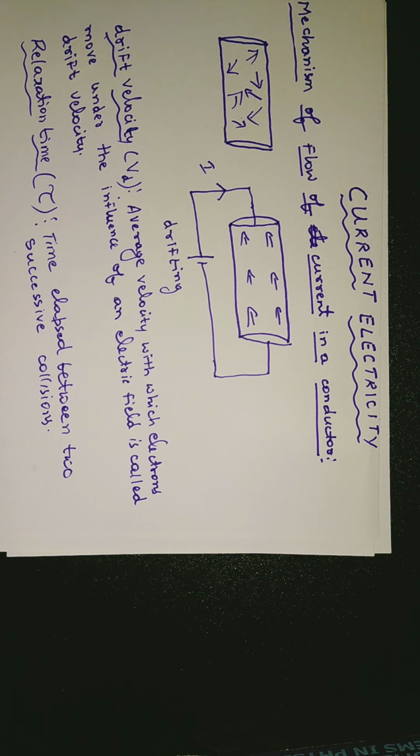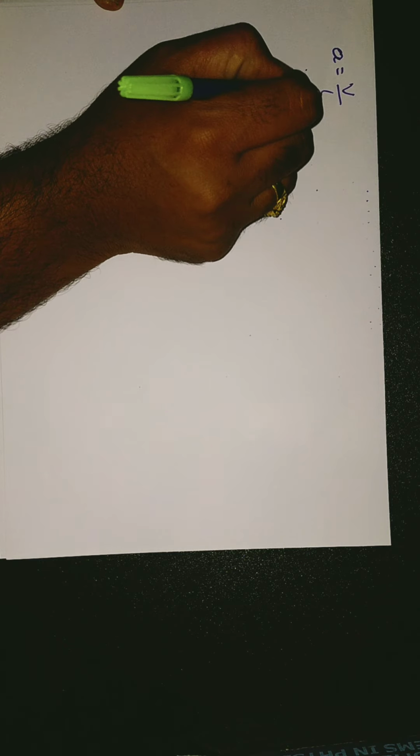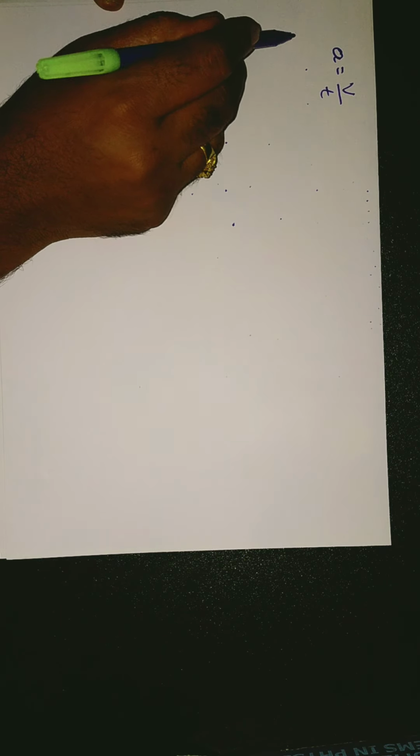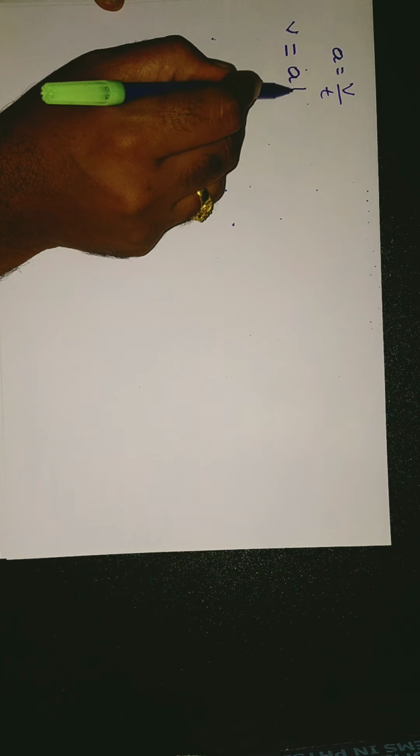If you think of writing down an expression for drift velocity in terms of relaxation time, you know that acceleration is velocity by time taken, or velocity is acceleration into time taken.